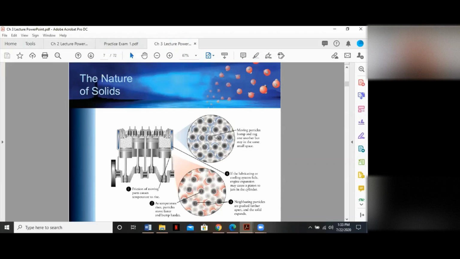Because this solid has particles that are very intact, and the shape is fixed. So not just the volume is fixed, the shape is also fixed, due to the nature of the particles within this matter that are very close to each other. And the attraction is very strong. So no space between the particles, and the attraction is very strong. That's why volume and shape are fixed.